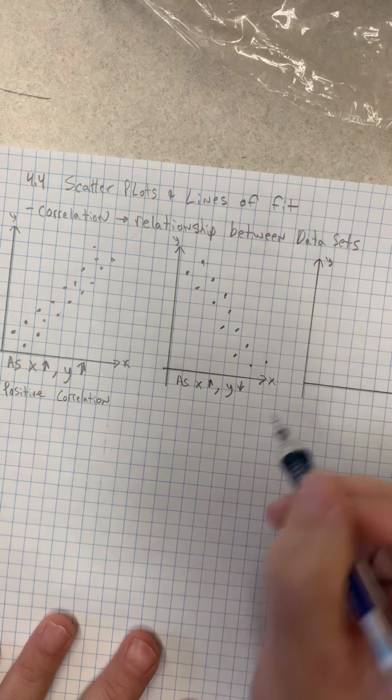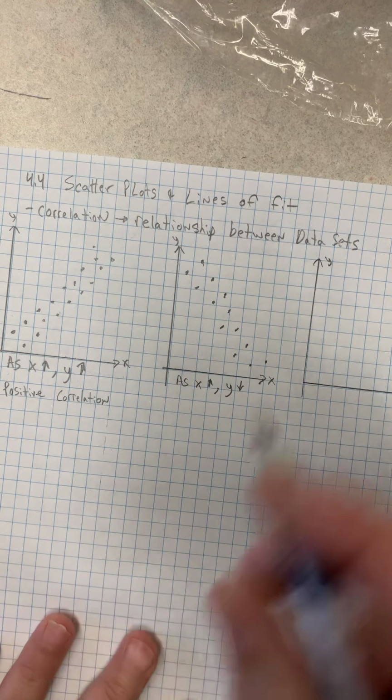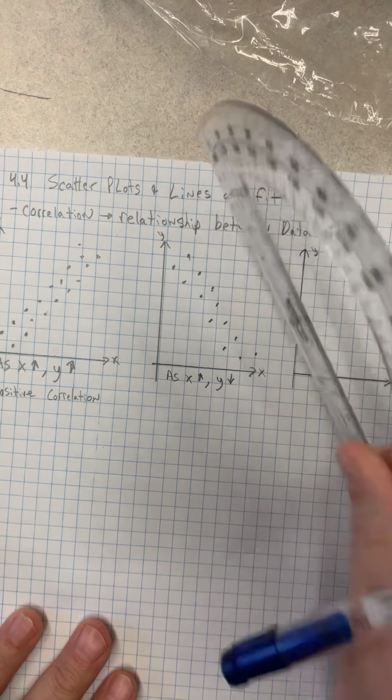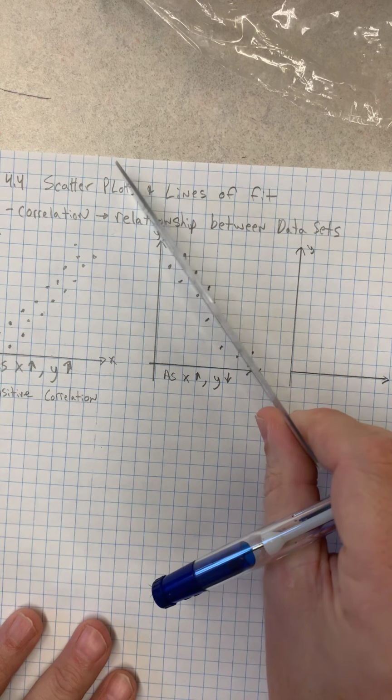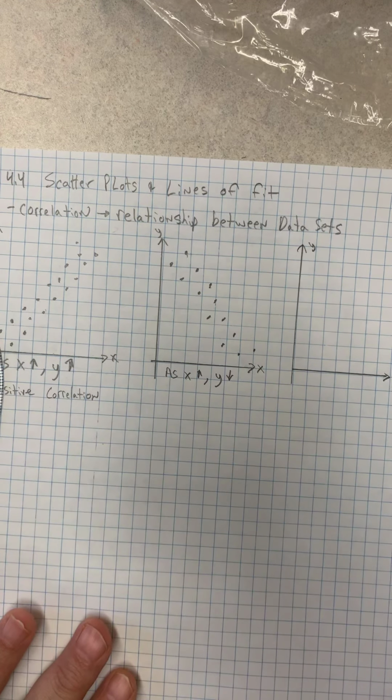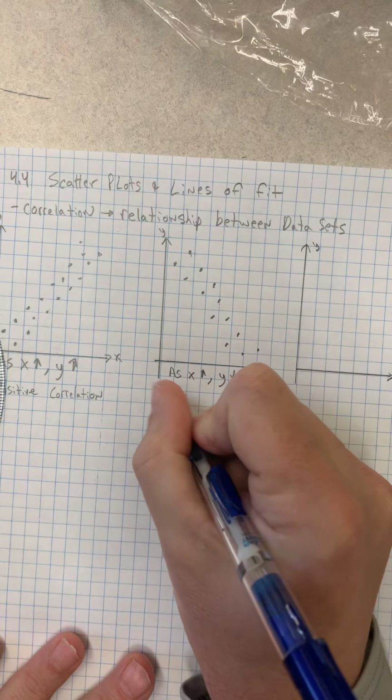This line, if I drew that through there, not connecting the dots, but just a line of fit in particular, it would be trending negative. It would be going down. This is negative correlation.